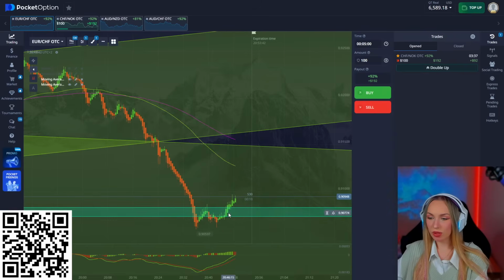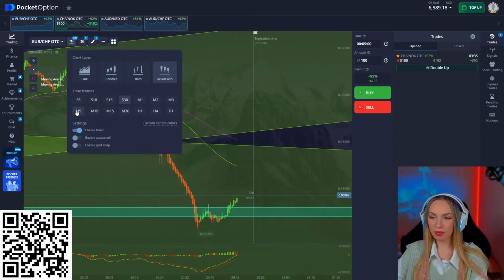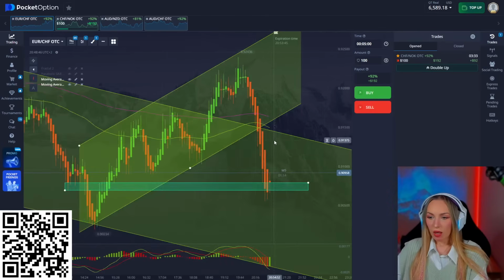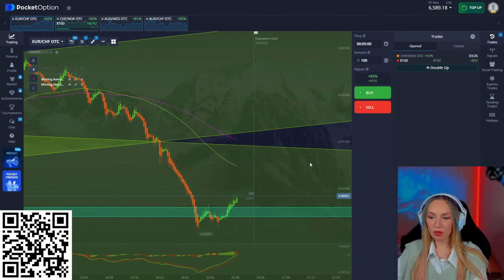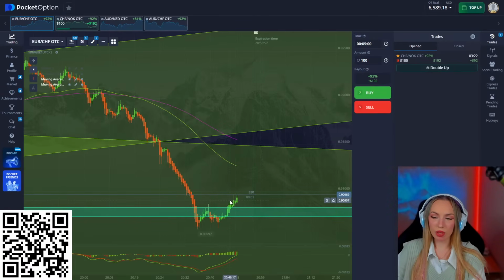By the way, Euro CHF, look, it starts going up. I don't believe that it will go too much up, so I don't want to open the trade here in the upward direction.